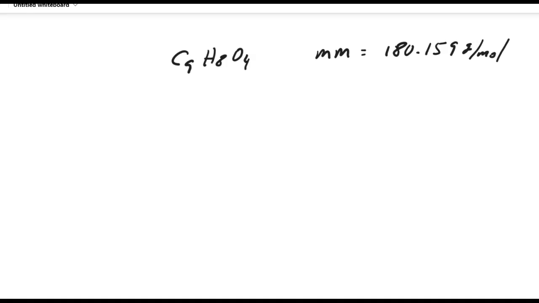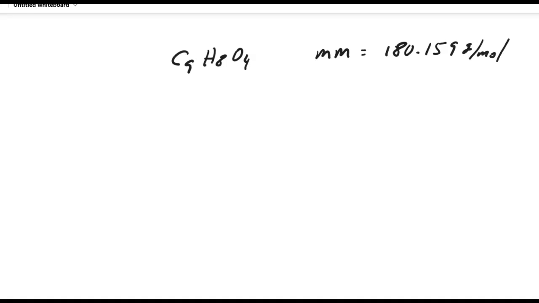Okay, so back to the start here. We had C9, H8, and O4, and we know that the molar mass is 180.159 grams per mole.